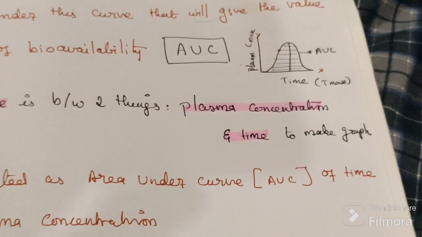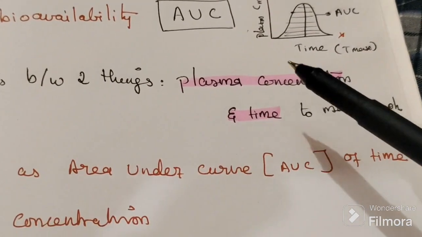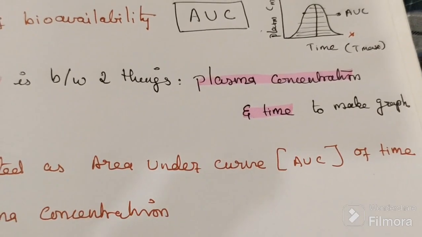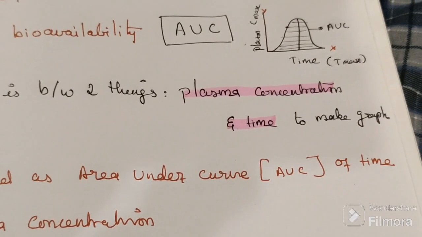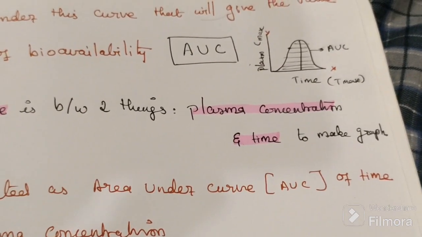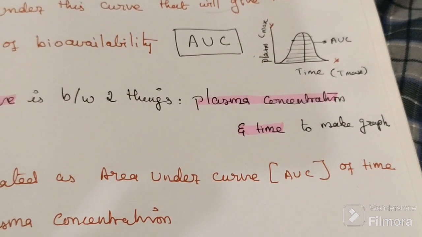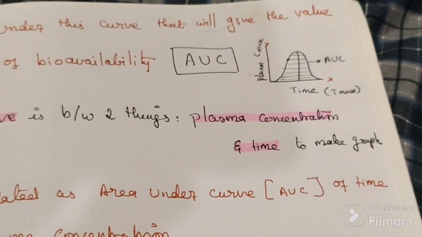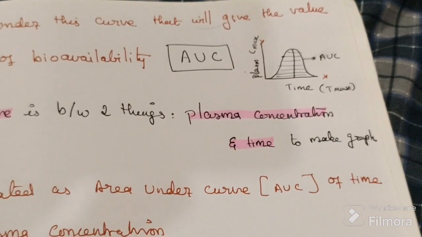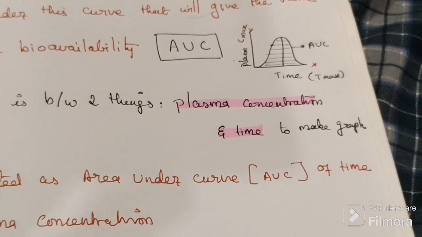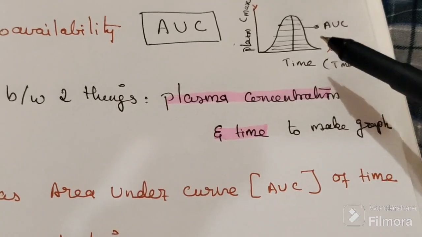The starting time is 0, then it is checked at 1 hour, 2 hour, 3 hour, up to 7 hours, with plasma concentrations of 10 milligram, 20, 30, 40, whatever.